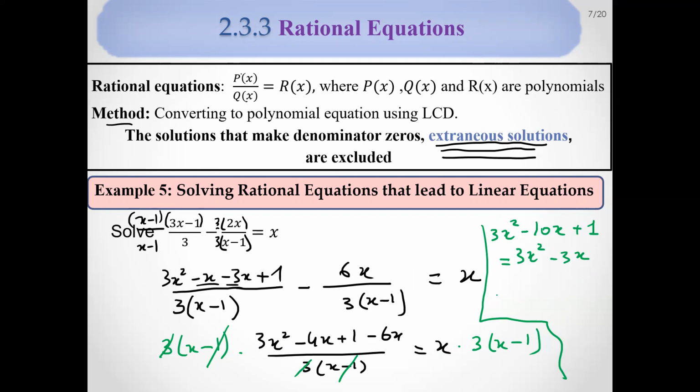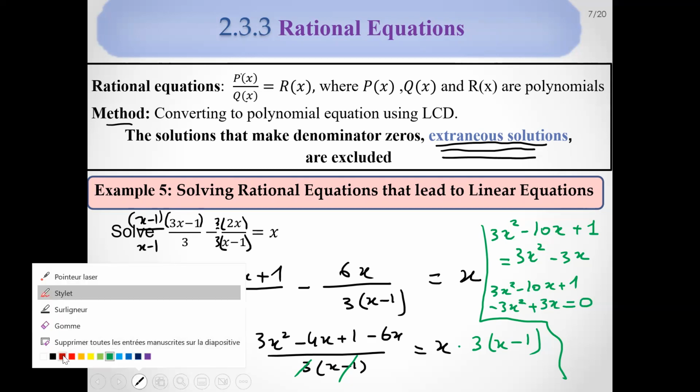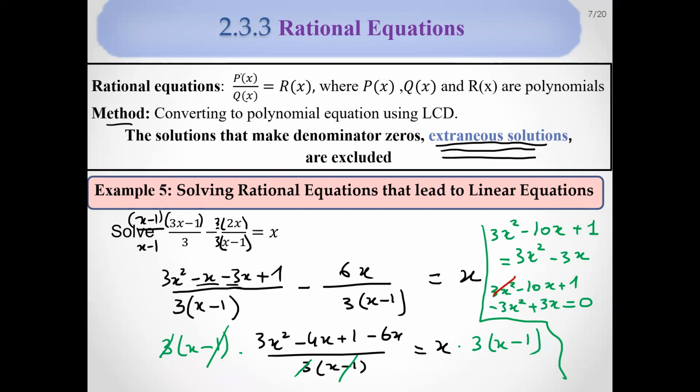Bring them all to the same side. That gives me 3x squared minus 10x plus 1 minus 3x squared plus 3x equals 0. Then we simplify. This gives minus 7x plus 1 equals 0. So x equals 1 over 7.